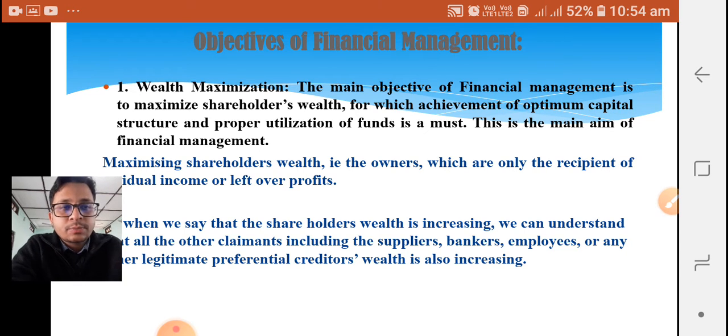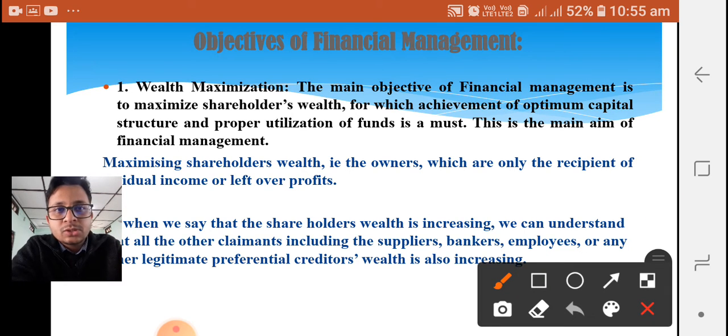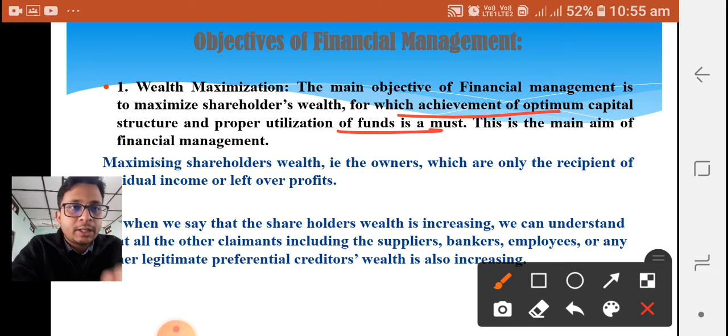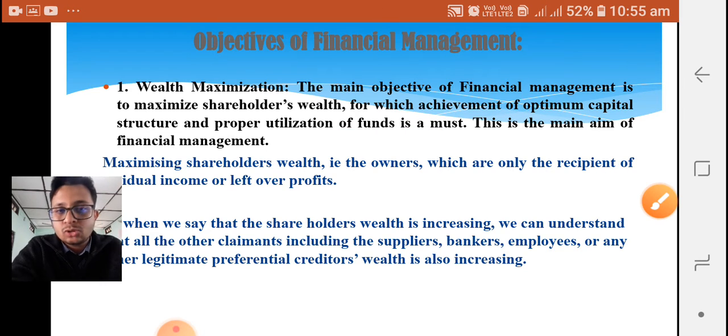Next, let us proceed. The main objective of financial management is to maximize the shareholders' wealth, for which achievement of optimal capital structure and proper utilization of the funds is a must. This is the main aim of financial management for every company. So what does this entire paragraph tell us? It tells us that the major aim of financial management is to maximize the equity shareholders' wealth.